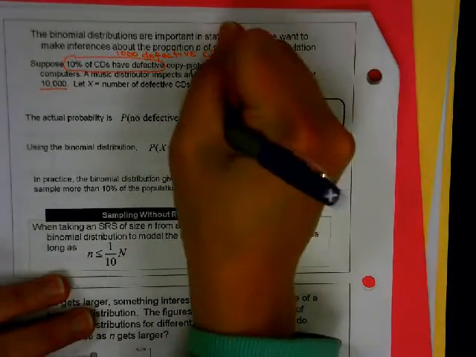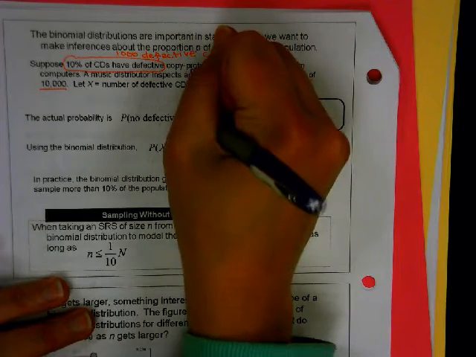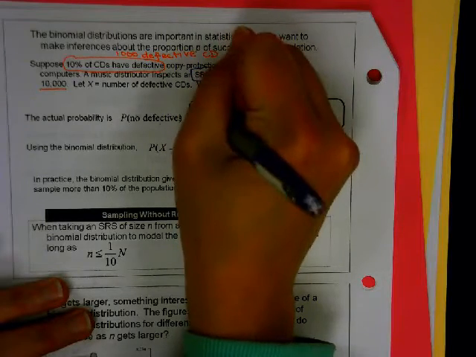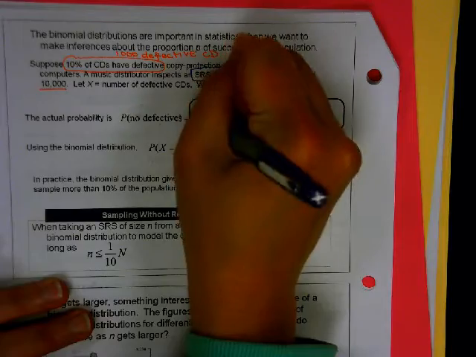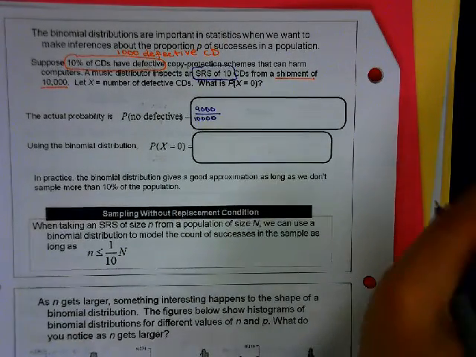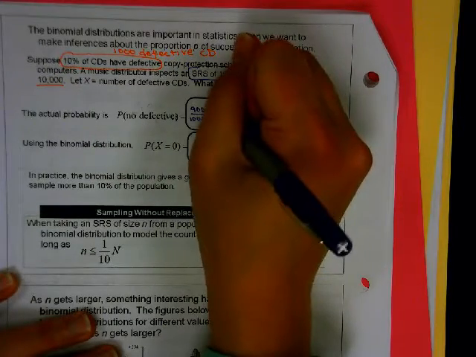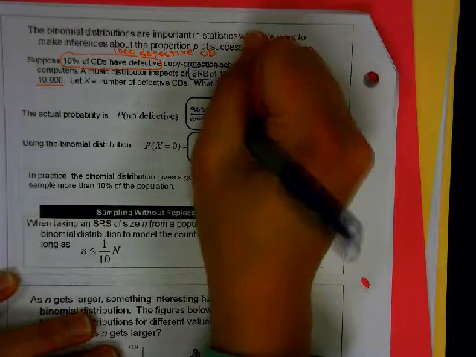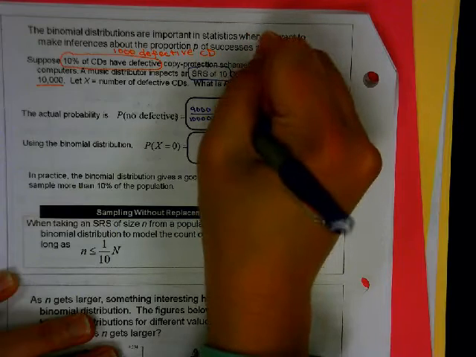So the probability the first CD he picks is non-defective is 9,000 out of 10,000. Then the probability for the next one not being defective, well, we picked a non-defective one, so there's one less, and there's one less total CDs. And we could go on, we'd have to do it for 10 of them.